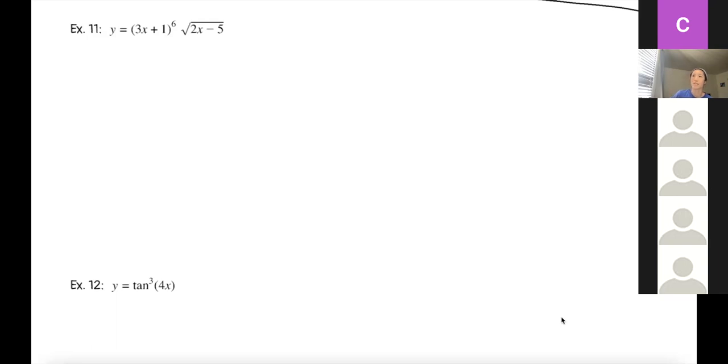Which one do folks think comes first, product rule or chain rule? Oh, and power rule. So of those, which one comes first? Tell me why you say that chain rule comes first.